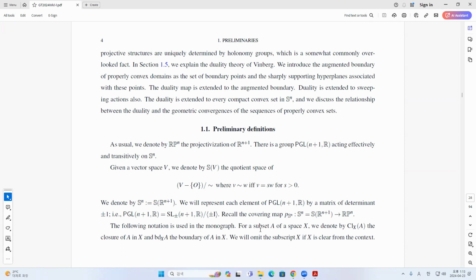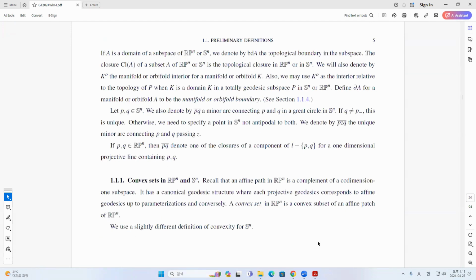I'm not going to say too much about this, but we have some notation: Cl_X(A) is the closure of A in X, and Bd_X(A) is the boundary of A in X. We will omit X if X is clear from the context.